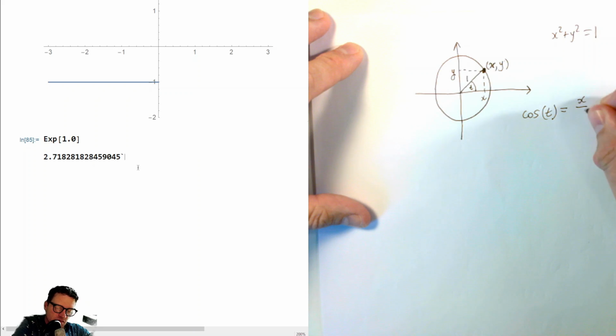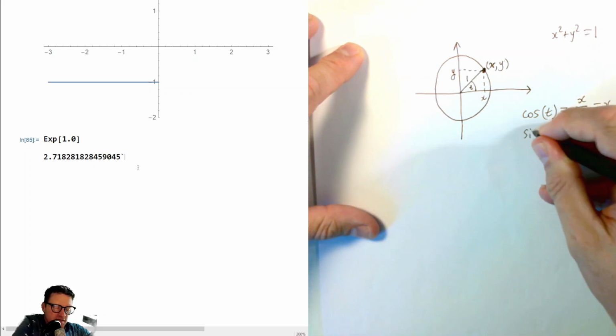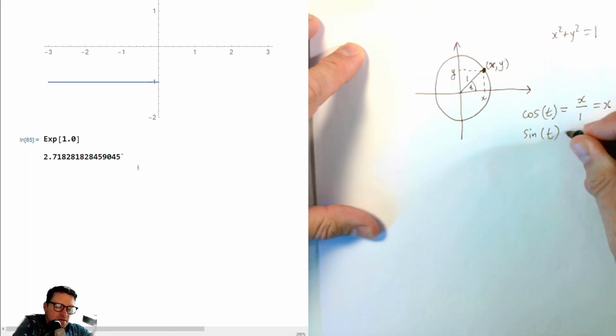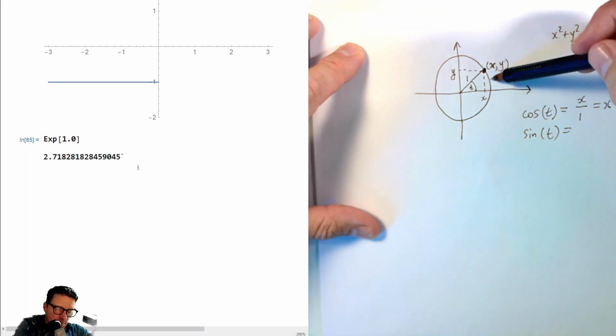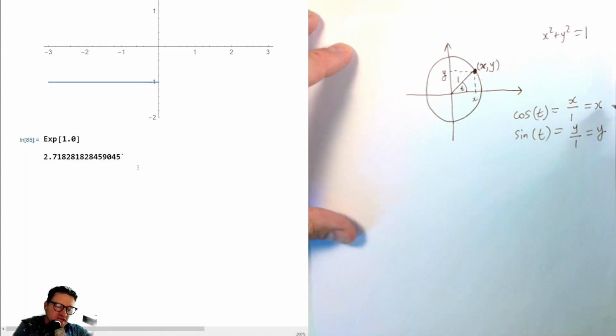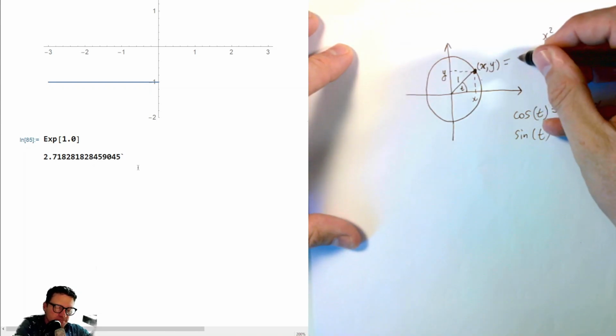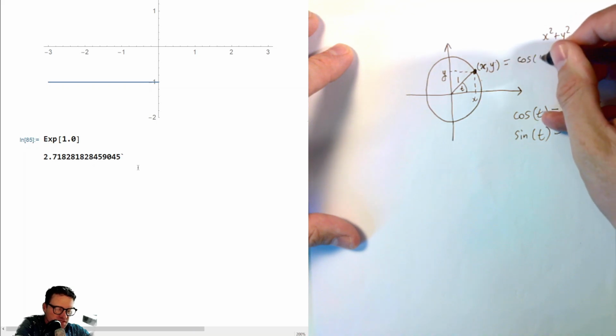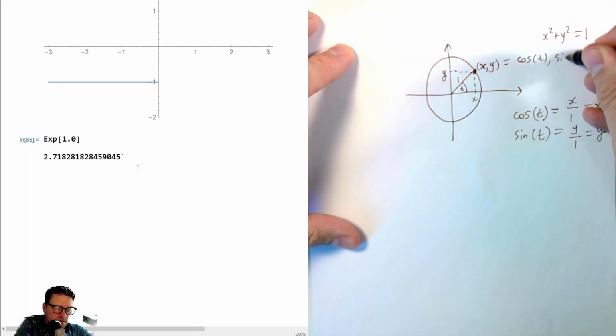So that's x over 1, which is x. And sine of t is opposite on hypotenuse, so that's y over 1, which is y. Okay, so what we have then is x is cos and y is sine. So this here is cos of t, sine of t.